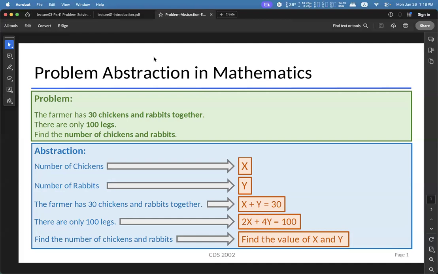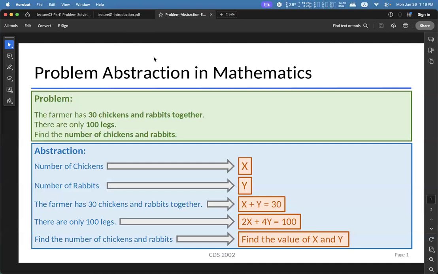The reason for doing abstraction is that without abstraction, we don't even know how to start solving this mathematical problem. We are able to solve it because we take an abstraction and convert it into a system of equations, and then you use standardized system of equations techniques to solve it.